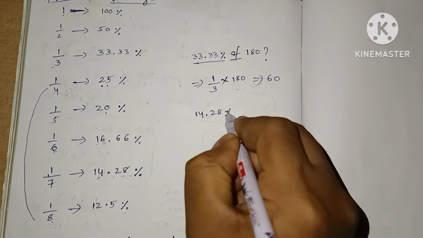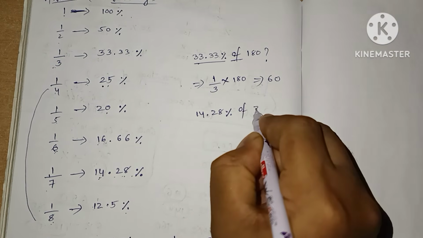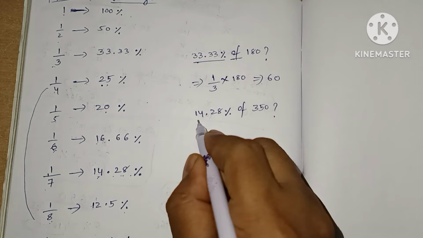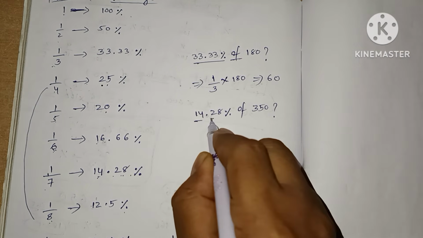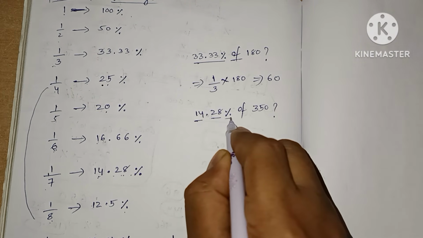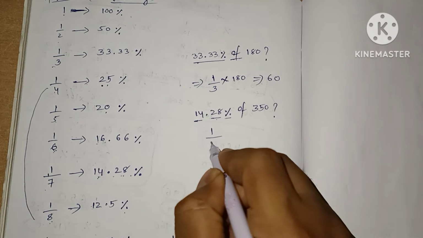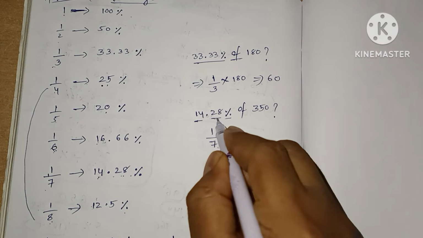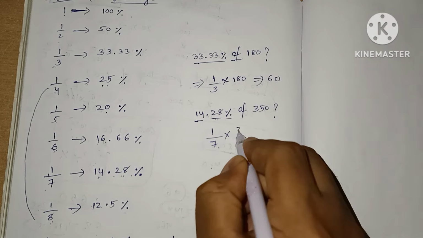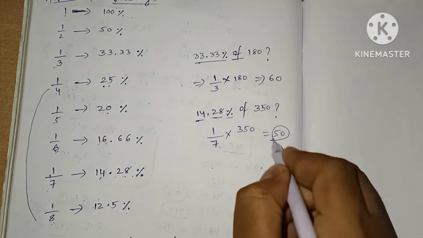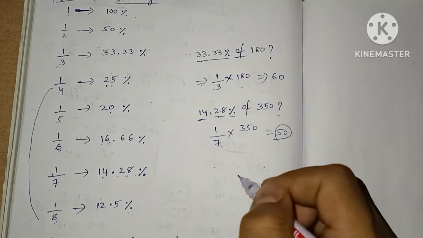14.28 percentage of 350. I already said that if I see 14 and 28 percentage, I remember these are in the 7 table. So 1 by 7 is the fraction of this one, into 350. 50 will be the answer for this one.